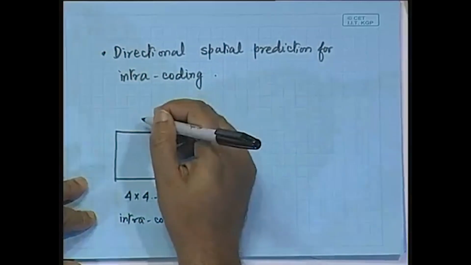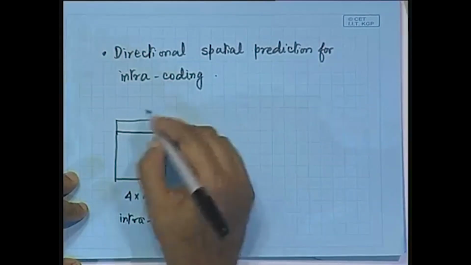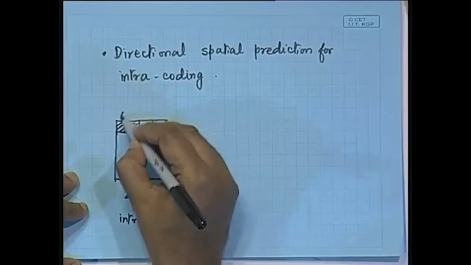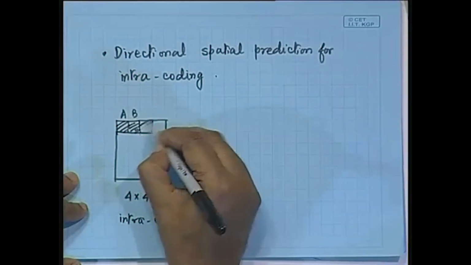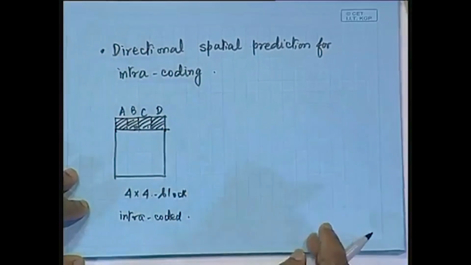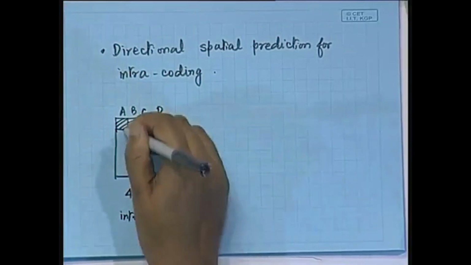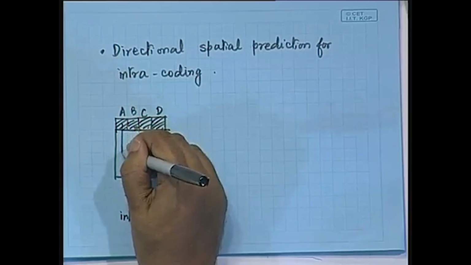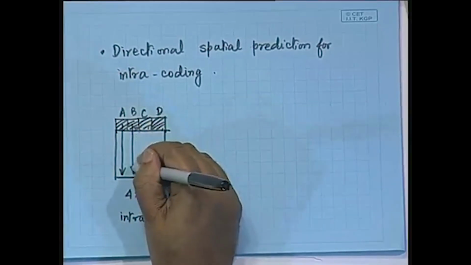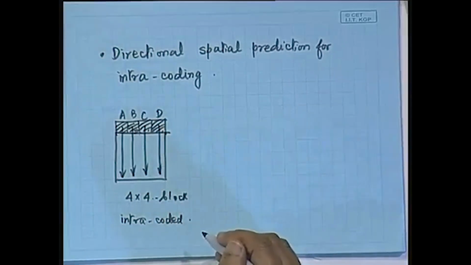One way we can do this is to take the 4 pixels immediately on top of this block: pixel A, the pixel B which lies just above this, the pixel C, and the pixel D. Now, I can use these 4 pixels A, B, C and D to predict this block by simply copying A's intensity values into all these 4 positions, B into all these 4 positions, C into all these 4, and D into all these 4.